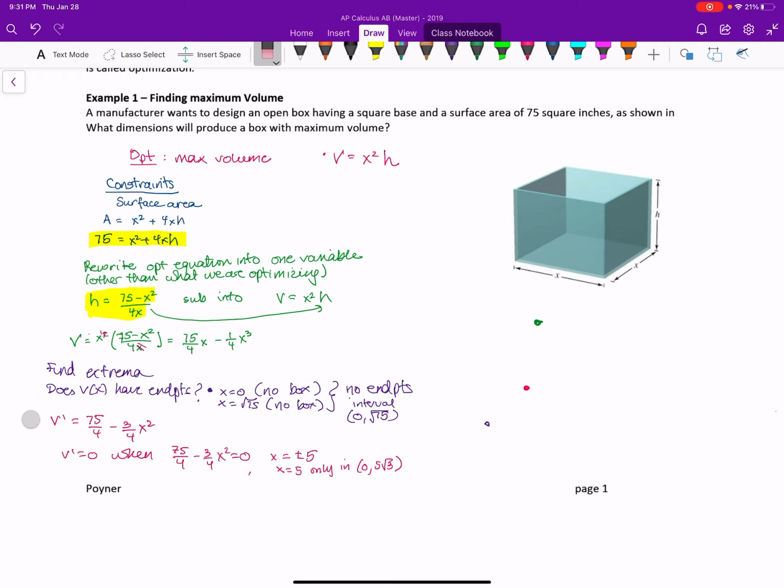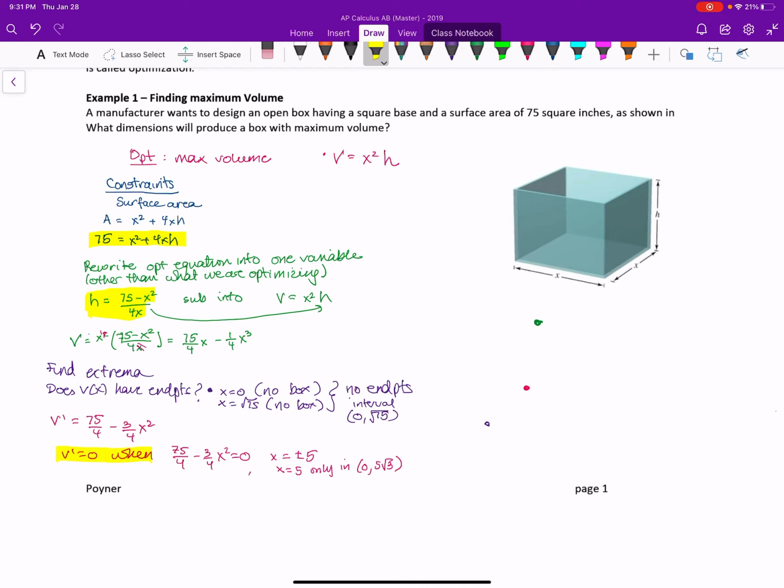All right, so let's look. We are then going to take the derivative of the volume because that's what I want to maximize. And to find the relative maxes and mins, you take the derivative and set equal to 0. That's the whole purpose of taking the derivative. So I found the derivative using the power rule, and then I make sure, if this is a free response, make sure you justify.